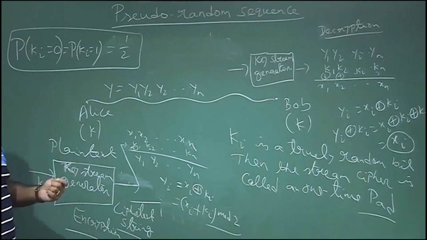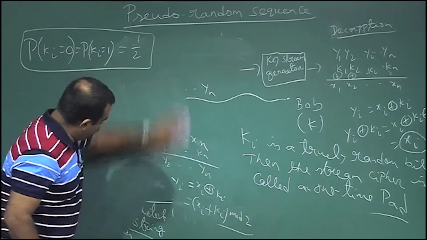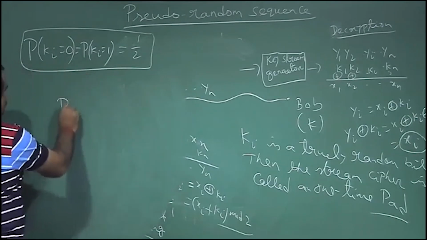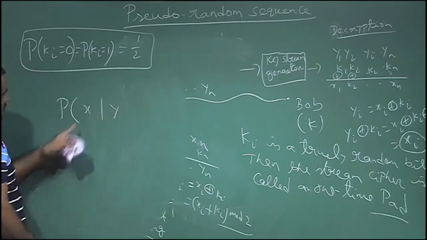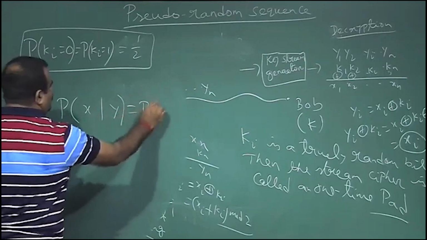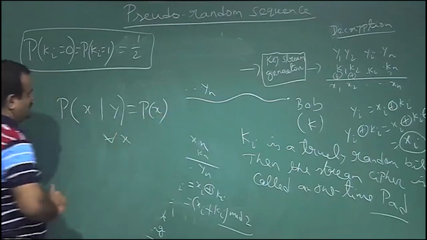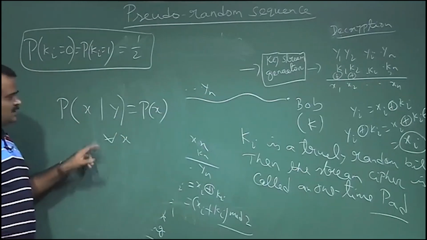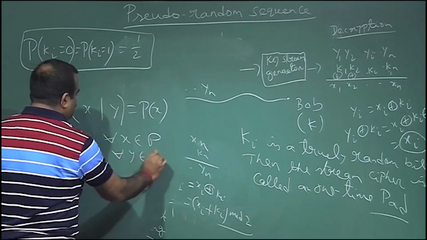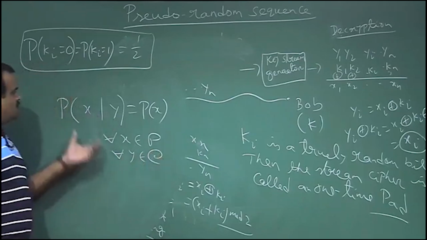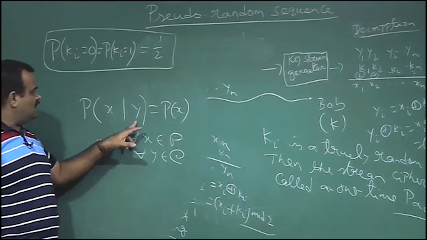That means the probability of the plain text given the ciphertext is the same as the probability of the plain text. If this is true for all plain texts and all of the ciphertext space, it is called Shannon perfect secrecy.